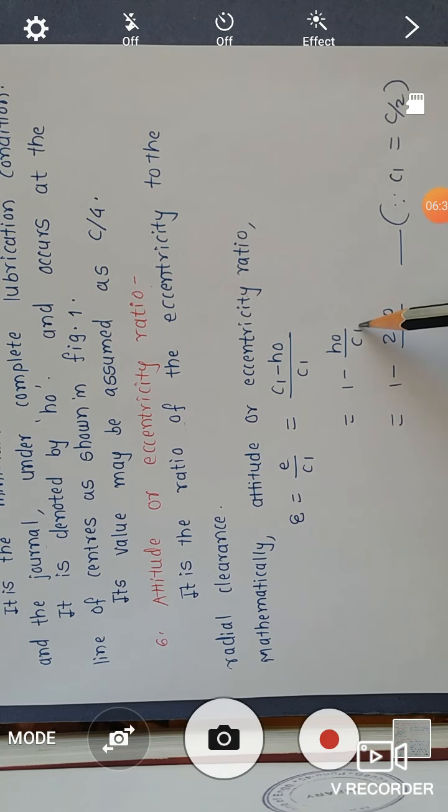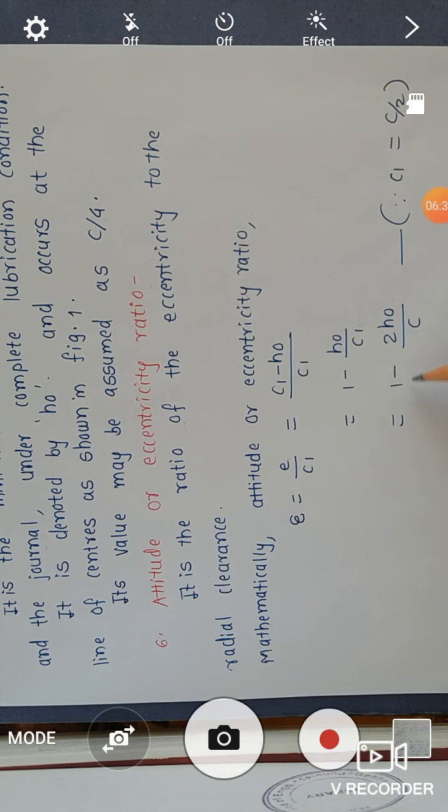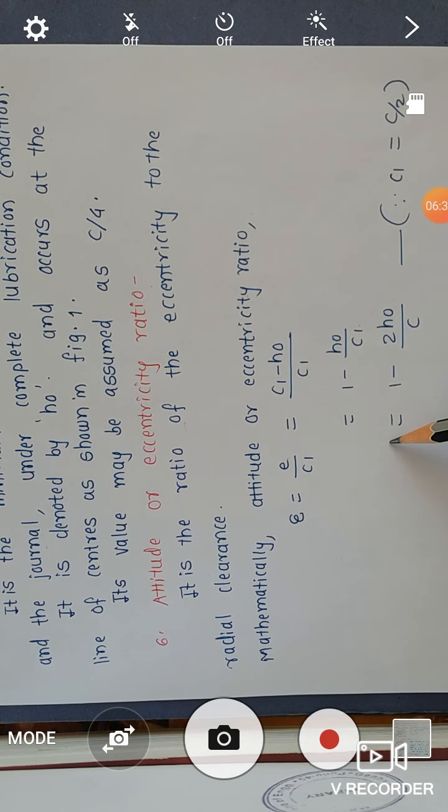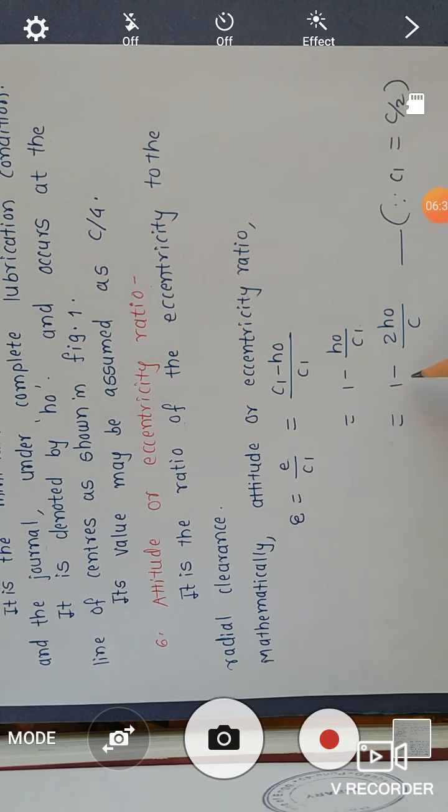So in place of C1, if we substitute C upon 2, our equation is: eccentricity ratio is equal to 1 minus 2 h0 upon C.